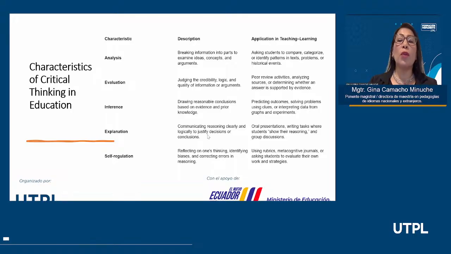Explanation. Communicating reasoning clearly and logically to justify decisions or conclusions. And the application is that you can do some oral presentations, writing tasks where students show the reasoning, and group discussion. When asking a student, after a reading task, you can immediately require them to do a writing task.